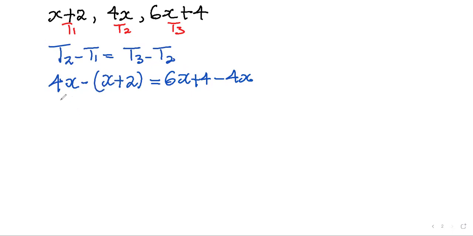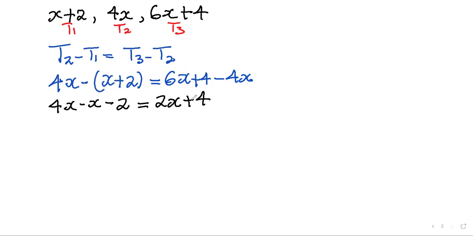So we know that here, that would be us writing 4x. Then negative times x is negative x. Negative times positive, it's negative, and then we're having 2, right? It's equal to, then when you say 6x minus 4x, that should give you 2x plus 4.